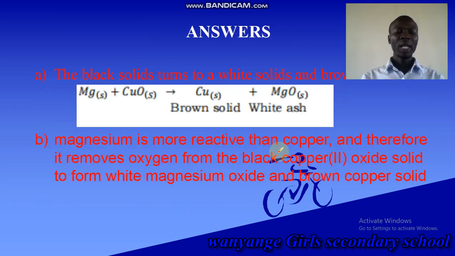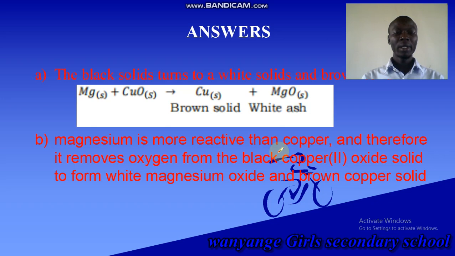So the answer is simple. State what was observed, meaning that what will be seen. Okay, so what shall we observe? The black solid, which is actually copper 2 oxide, turns to a white solid and a brown residue. So we have two colors being formed in the product side: brown solid and white solid.